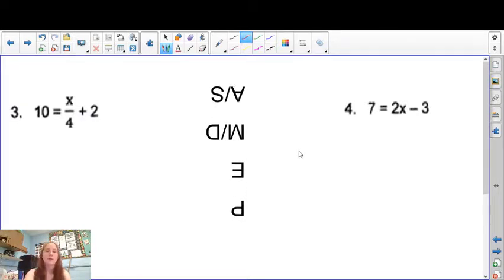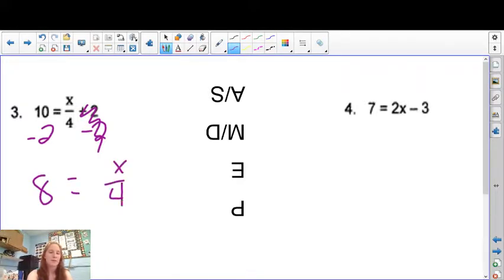Again, we've got to start with our addition or subtraction first. Right now I currently see an addition of 2, so I'm going to subtract. This causes the 2 to cancel, so I'm left with 8 is equal to x divided by 4. Now I have division, so I undo it with multiplication.